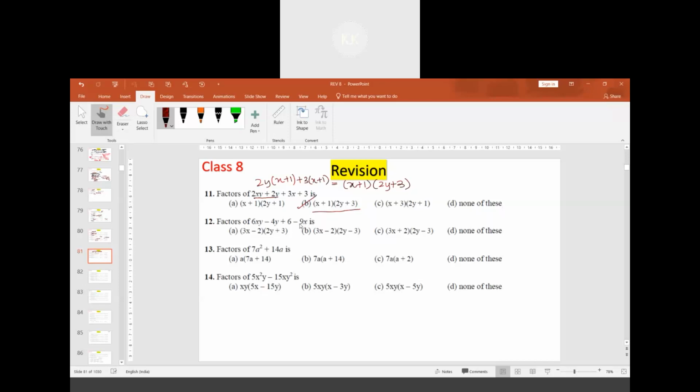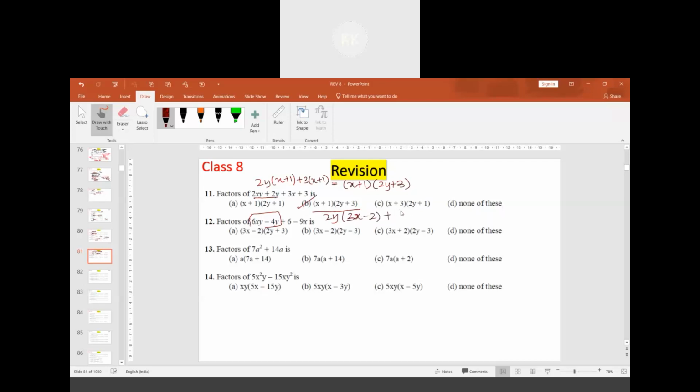The 12th one is similar. We have to group them. From the first two terms, 2y can be taken common. 2 is taken out, 3x will remain minus 2.